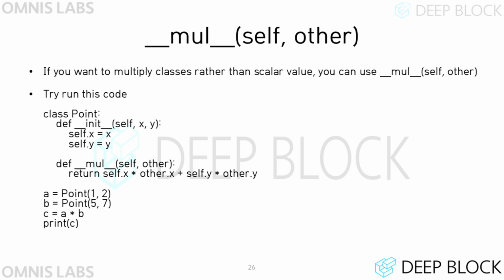If you want to multiply 2 class instances, you need to define a mul method. If we define the multiplication method as shown in the slide, we can see that c becomes 19 because of the return expression in the multiplication method.